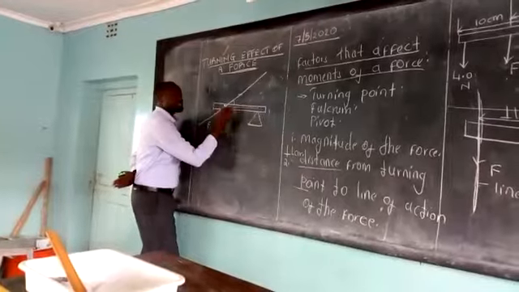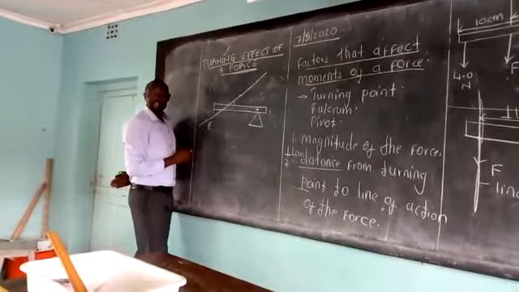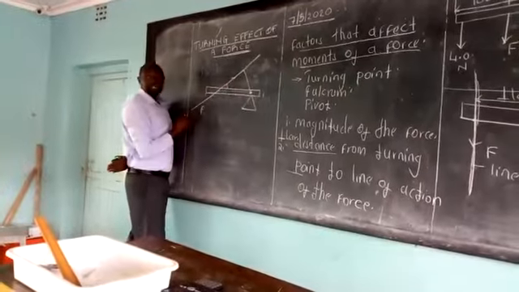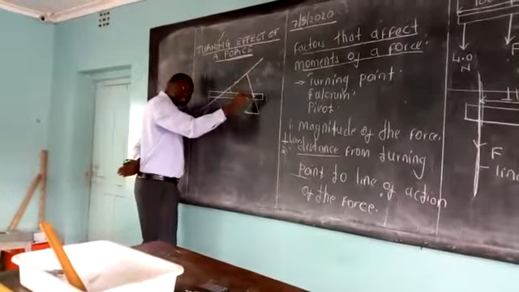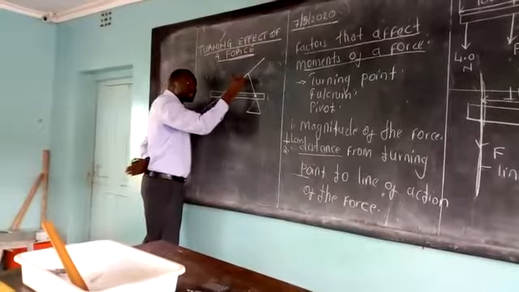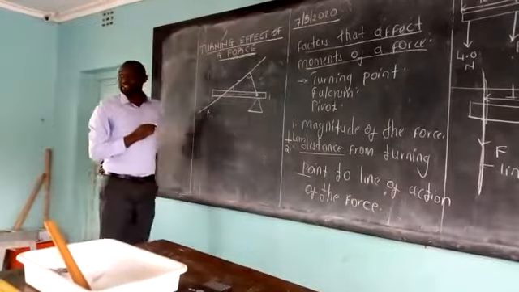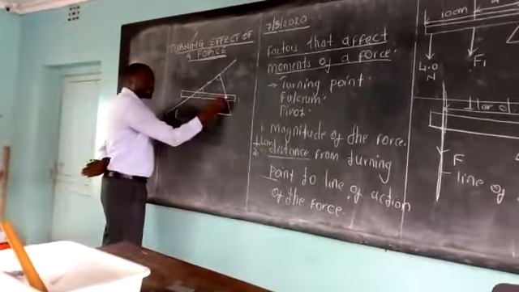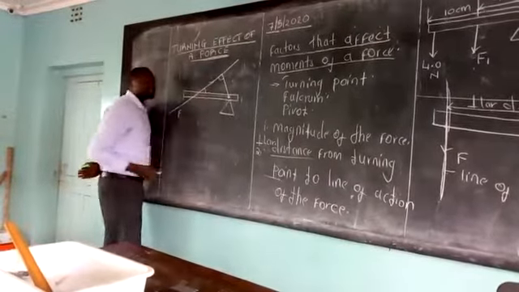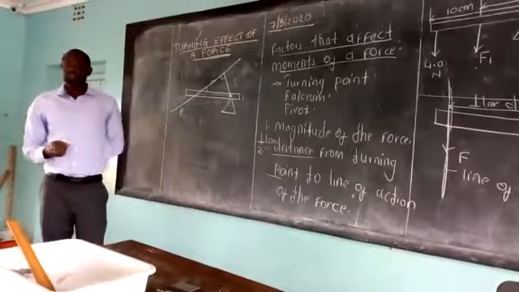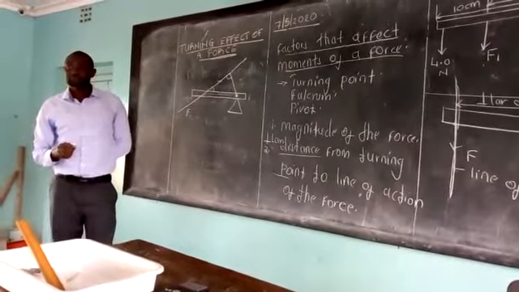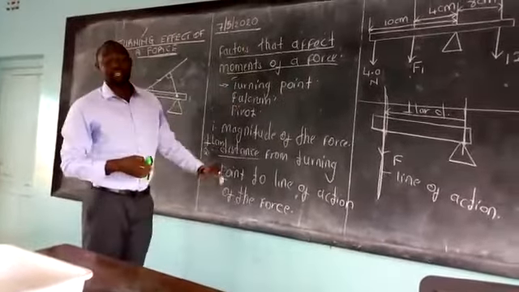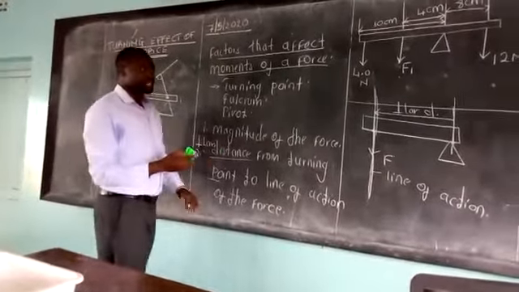We have to get a distance from the turning point to the line of action such that the distance meets the line of action at 90 degrees: the perpendicular distance from the turning point to the line of action of the force. So those are the two factors that affect the moment of a force.